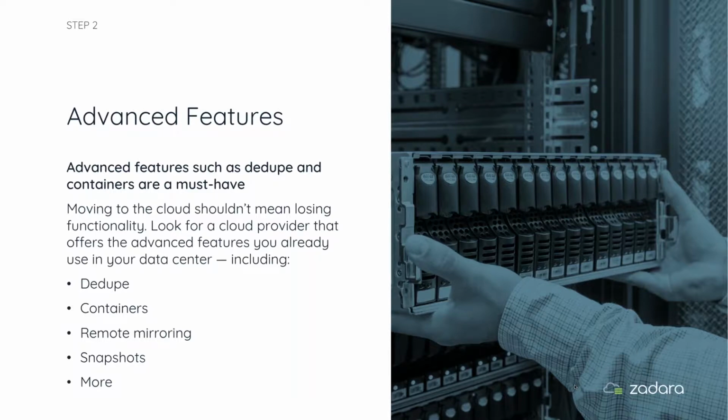What's most frequent? I hear a lot about disaster recovery. That is something that is for some companies required by law, for other companies a matter of good practice. And the traditional storage systems, the on-premises storage systems, they have these capabilities built in, like remote mirroring, for example.